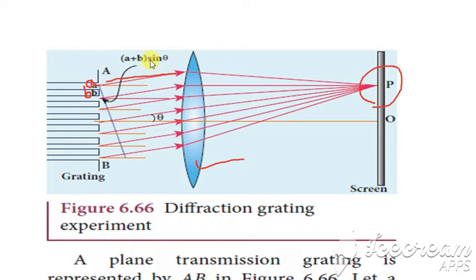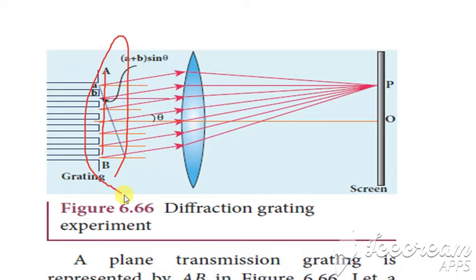So this can be written as A plus B into sine theta, where we take the angle to be theta. Now the plane transmission grating is represented by AB.